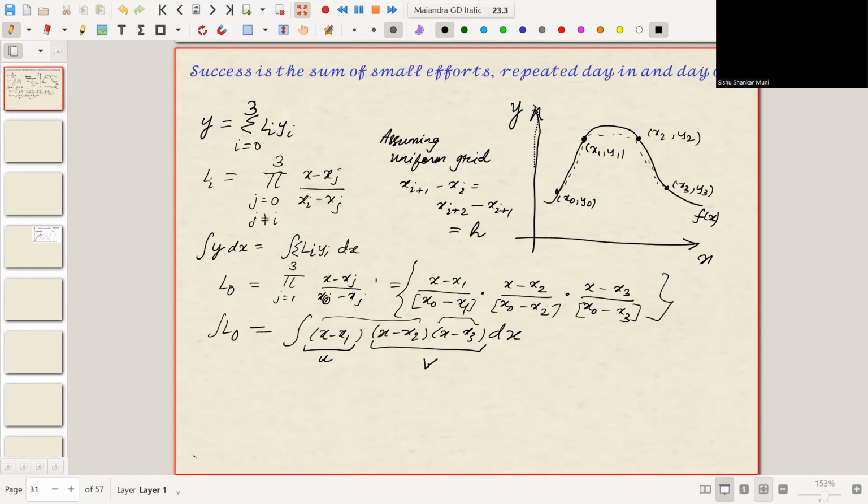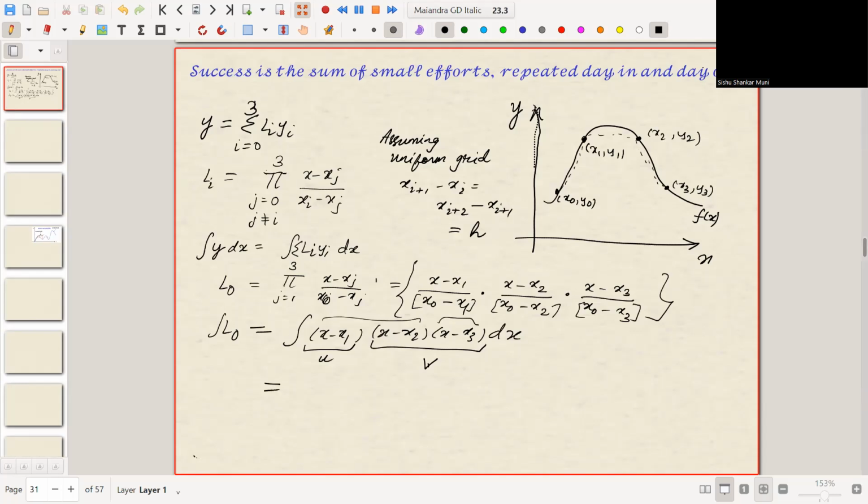Solving this whole thing is there in my notes, but it will be complicated, so I will be skipping this. But if you want, I can write it.